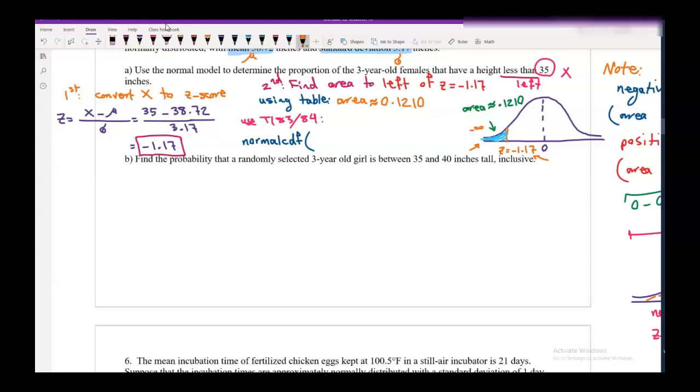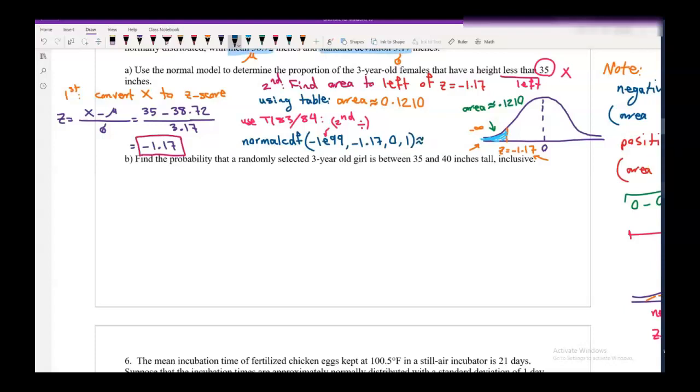We can enter negative infinity into our calculator as negative 1E99. To enter E, press second, then division. So, comma, we have negative infinity on the left, and on the right side we have negative 1.17. Mean is always 0. Standard deviation is always 1.